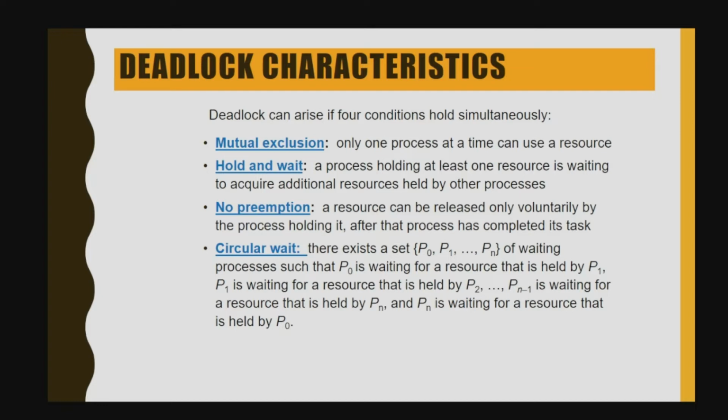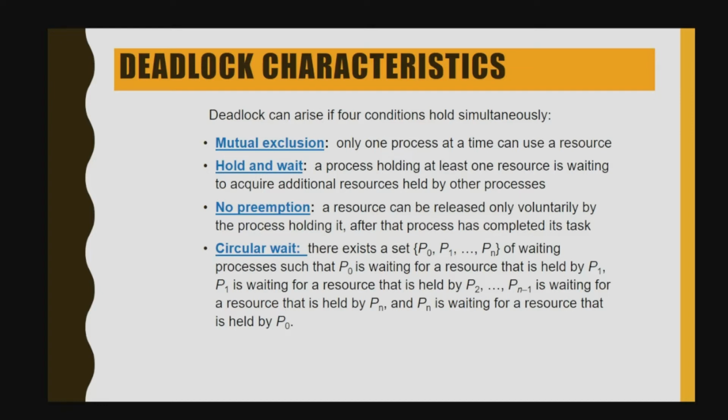So P1 holds the resource, and P0 is waiting for P1. P1 is waiting for a resource that is held by P2, until Pn minus 1 is waiting for a resource that is held by Pn, and Pn is waiting for a resource that is held by P0.